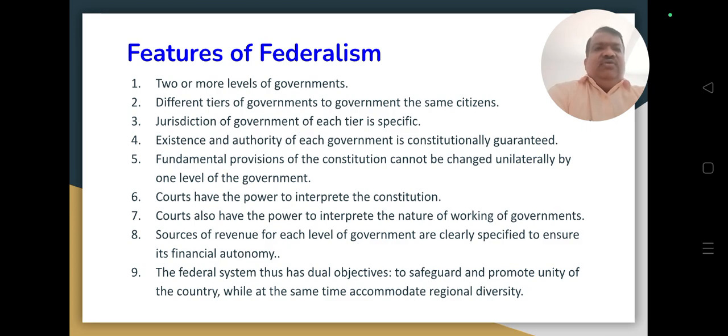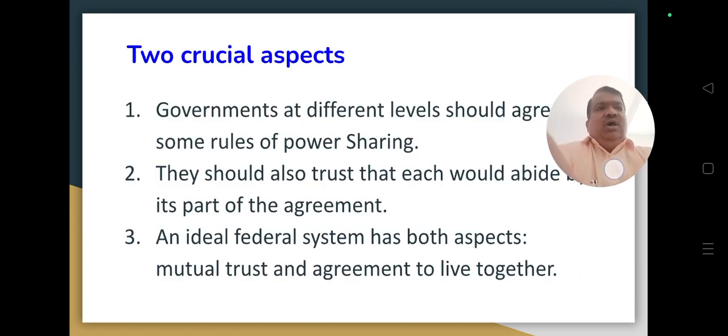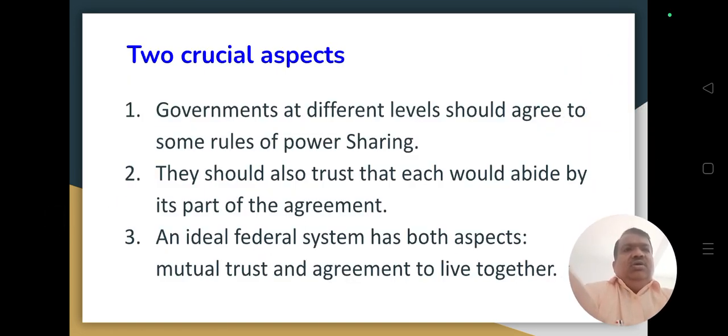The federal system thus has dual objectives. The first one is to safeguard and promote the unity of the country, and the second one is to accommodate regional diversity. And there are two crucial aspects. Governments at different levels should agree to some rules of power sharing.